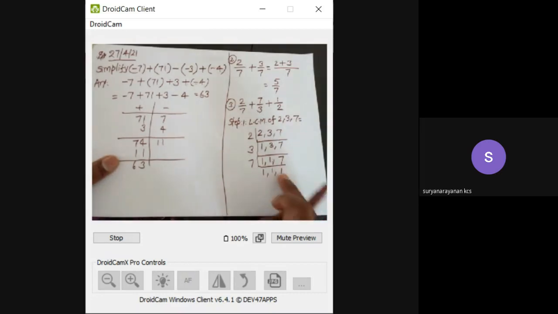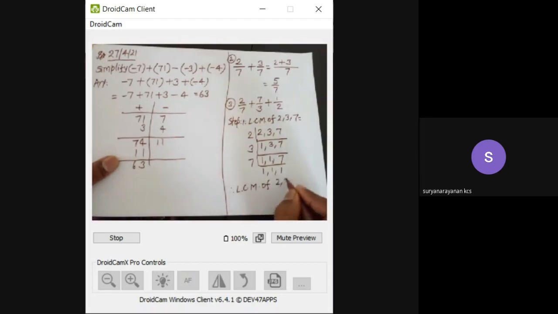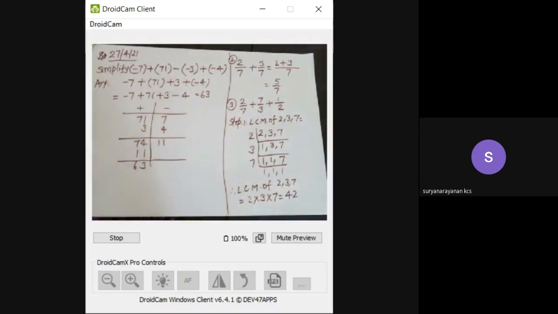Up to this step, we have to continue the division. Therefore, LCM of 2, 3, 7 is equal to 2 into 3 into 7. That is 42. Okay, my dear children.